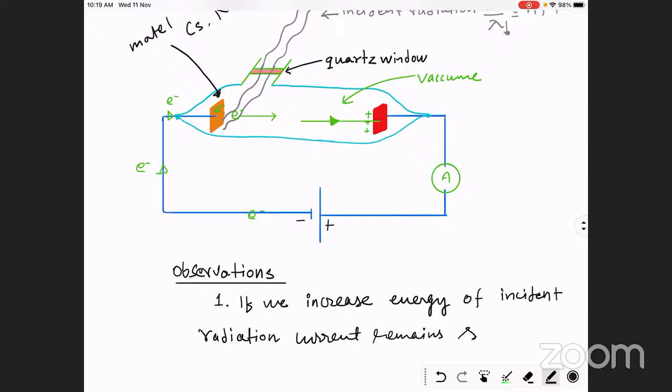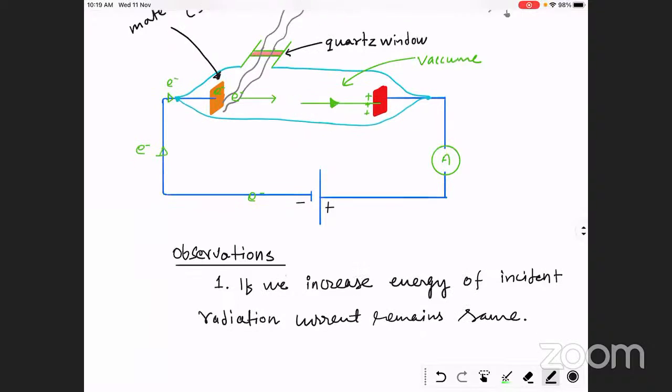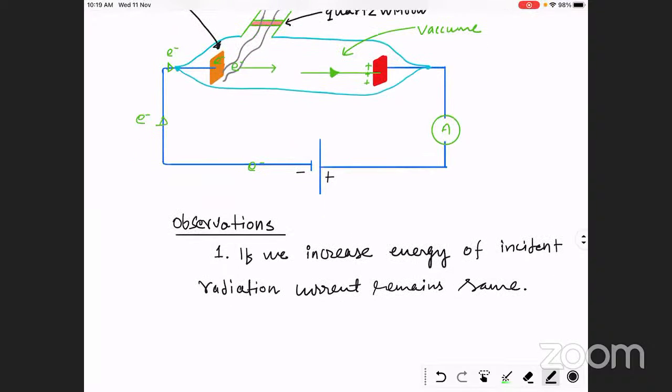Current remains same. इतनी भी नहीं बढ़ाई है. ठीक है. If we increase energy of incident radiation, current remains same.